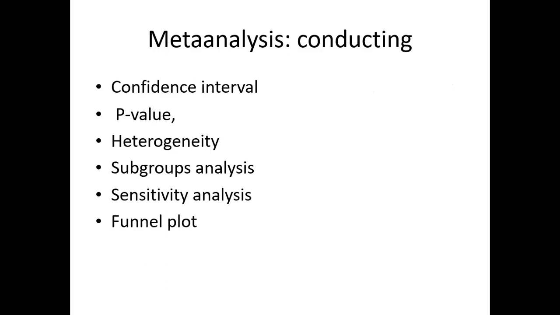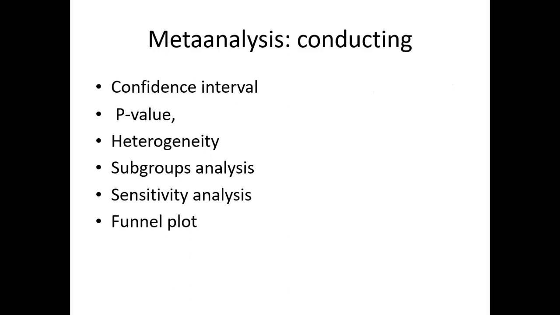So how to conduct meta-analysis? We continue. You should know the confidence interval, the p-value, and the heterogeneity. If there's a higher level of heterogeneity, you know that this meta-analysis is not good. You should not do meta-analysis if there's a high level of heterogeneity.